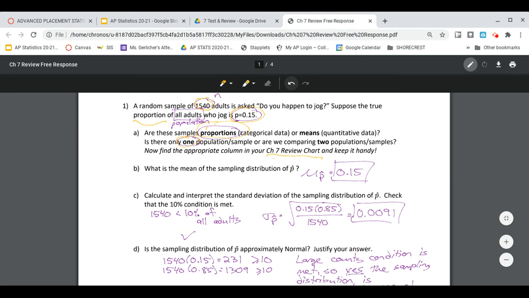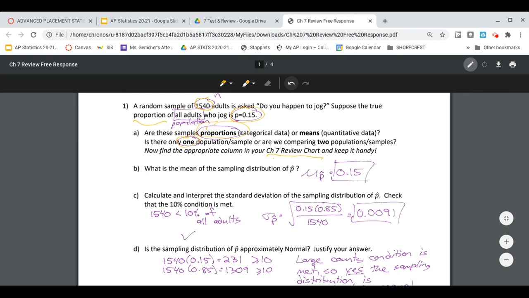Now, let's kind of march through the sections. So B, what's the mean of the sampling distribution of P hat? So that is always the center of your sampling distribution. Again, the idea is that a sampling distribution is a distribution made up of all the possible samples that you could have pulled out of a population. And some of those samples will just by luck be kind of high, and some will be kind of low, and some will be right in the middle.